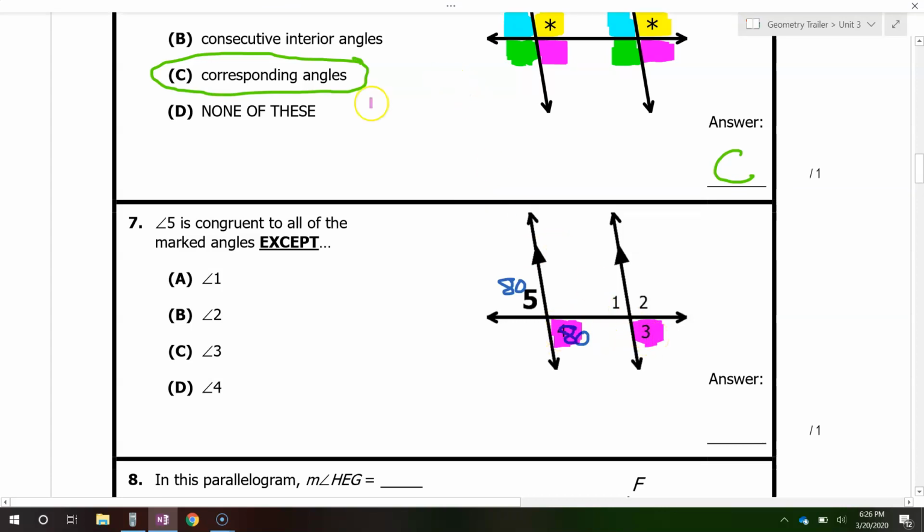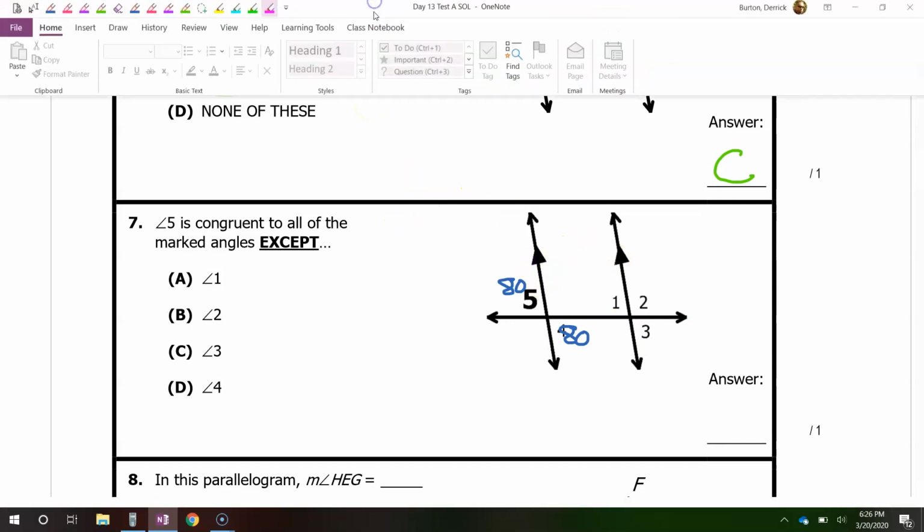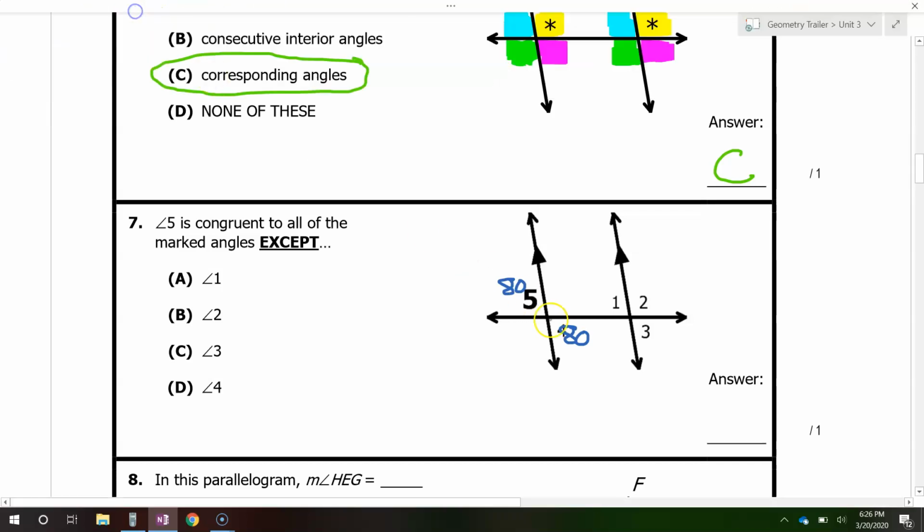These are corresponding angles, so they are going to be congruent as long as the lines are parallel. So that means this will also be 80. And then angle 1 and angle 3, these are vertical angles, so this will also be 80. So all of these are 80.